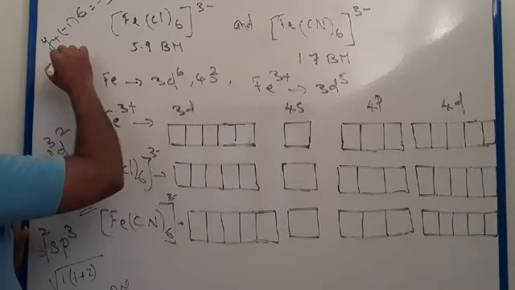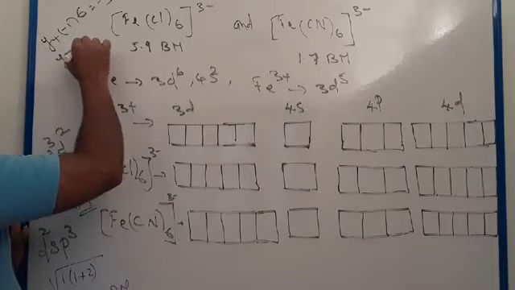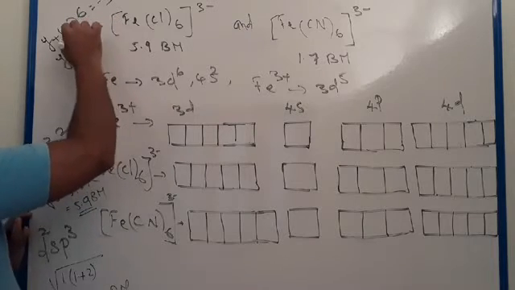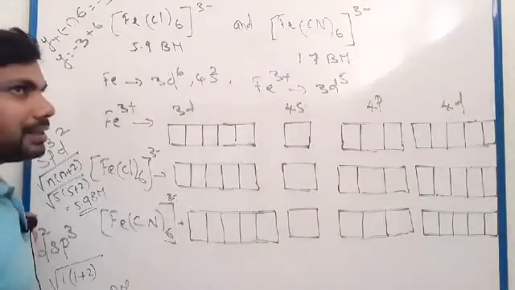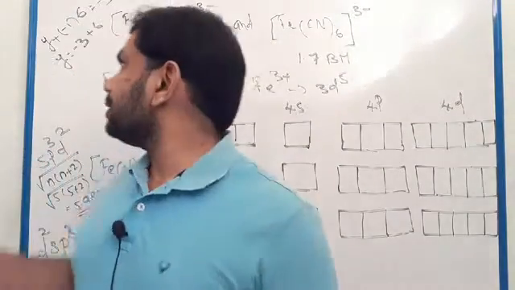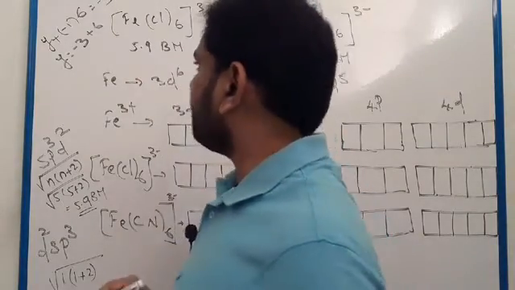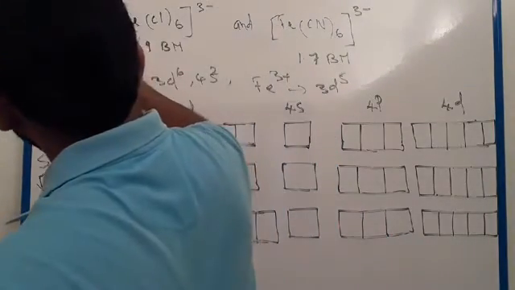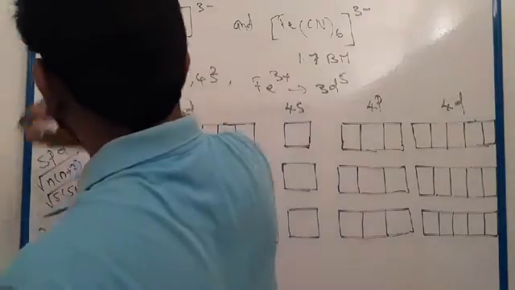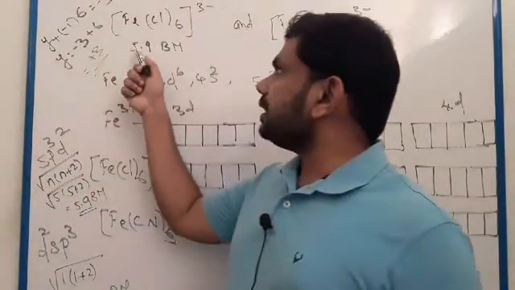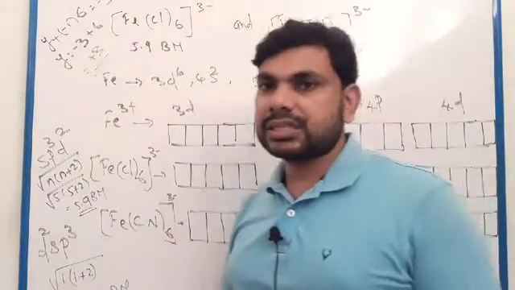So y equals minus 3 plus 6, since minus 1 times 6 is minus 6. When you bring this across, minus 3 plus 6, the answer will be plus 3. So here iron is in the plus 3 oxidation state.